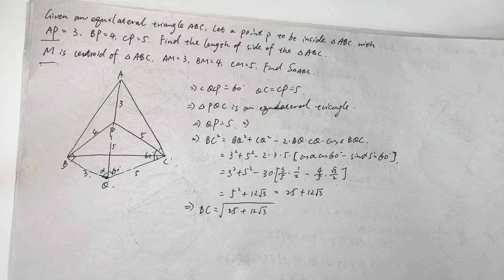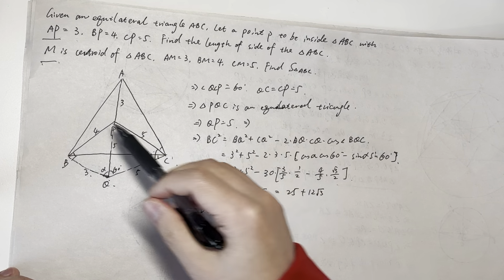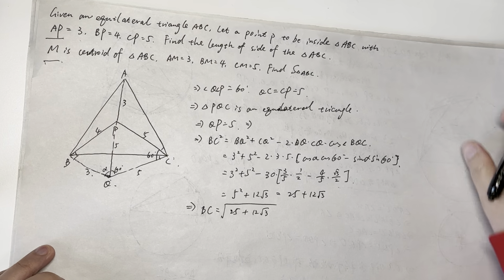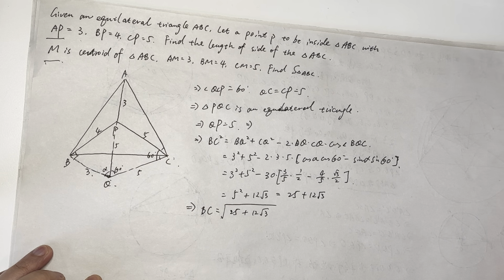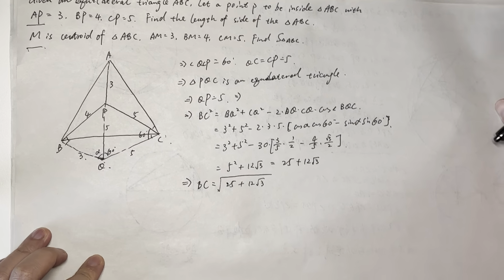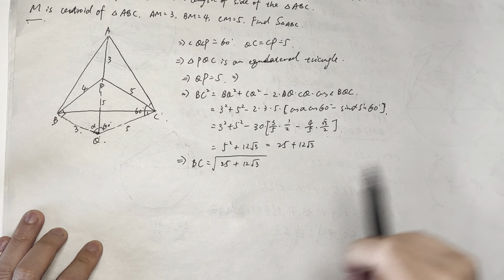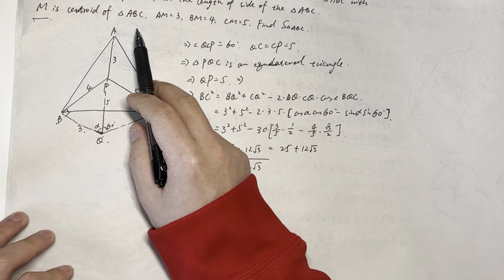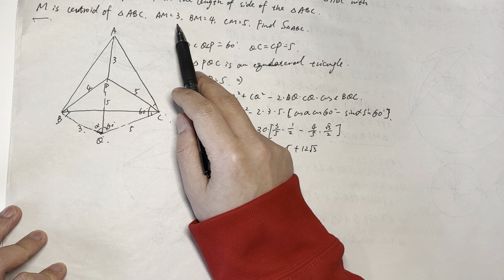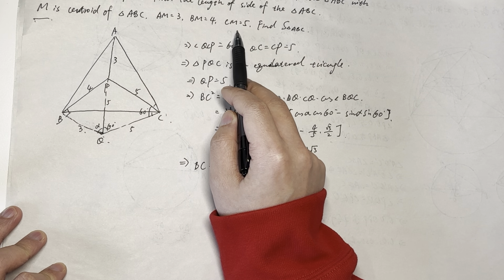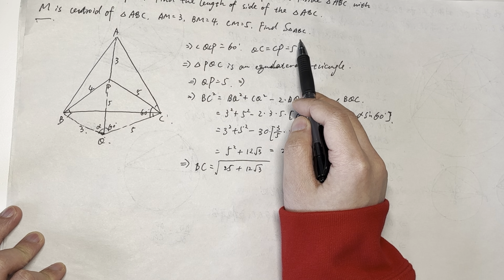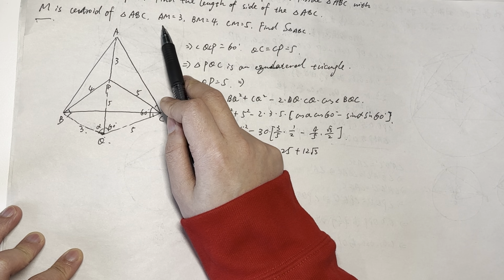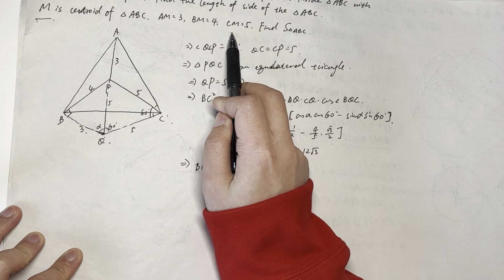Okay, and because of this, it reminds me of another problem that is actually associated with the centroid we discussed a few videos before. Now let's look at this problem. M is the centroid of triangle ABC, and AM equals 3, BM equals 4, CM equals 5. Find the area of triangle ABC. Notice that AM squared plus BM squared equals CM squared, right?